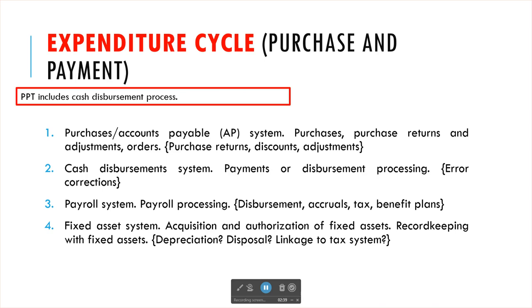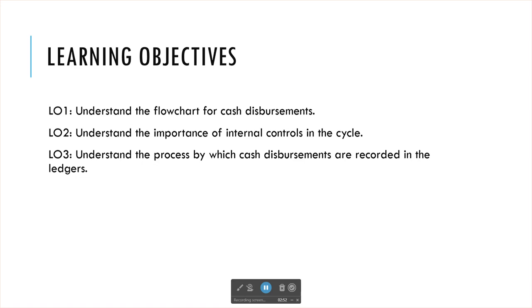And we have already talked a bit about the fixed asset system, so we really are going to have just the payroll system to start talking about, and then we'll be through with this expenditure cycle once we finish this discussion on cash disbursements. So I refer back to your flow charting, which is on pages 22 and 23. Page 23 is the cash disbursements part of it.